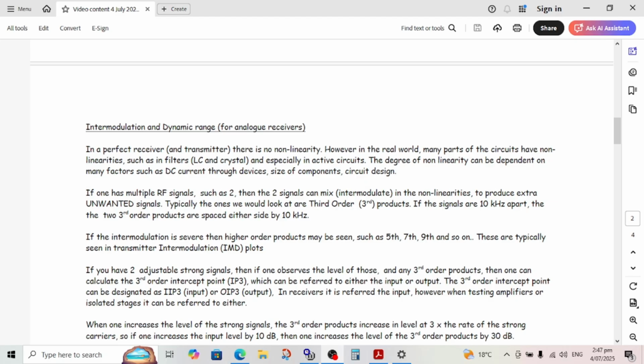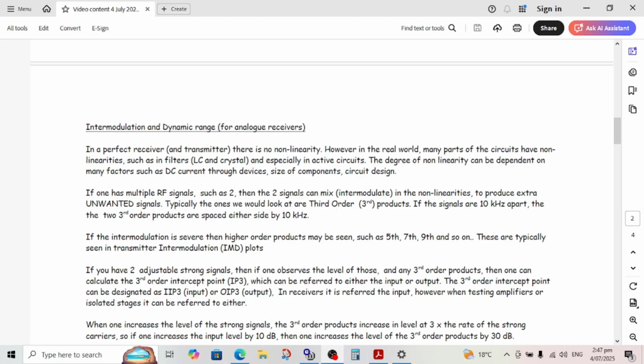If you have two signals that are 10 kilohertz apart, then the third order products will be 10 kilohertz either side of those. If you increase the level even further, then fifth order, seventh order, ninth order, 11th order, and so on will be created. You will see these in a transmitter, but normally they aren't tested in a receiver.